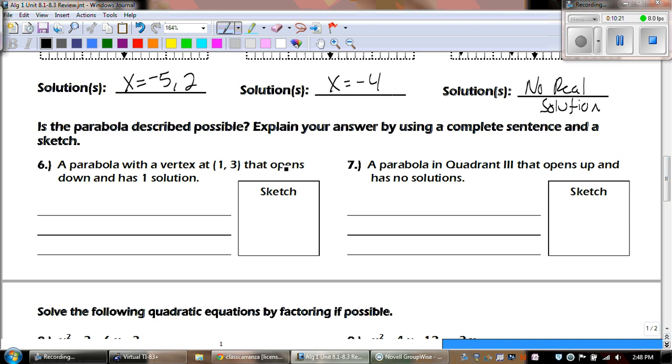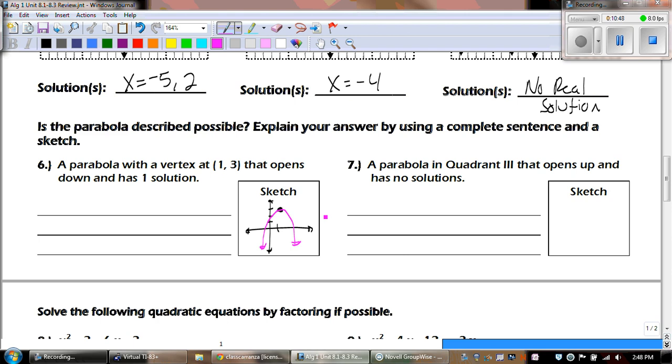Well, this says that I have to sketch it, so let's try to sketch it. So a vertex at (1, 3). So there's my vertex, and it opens down. So that means when I draw it, it's going to look something like that, right?